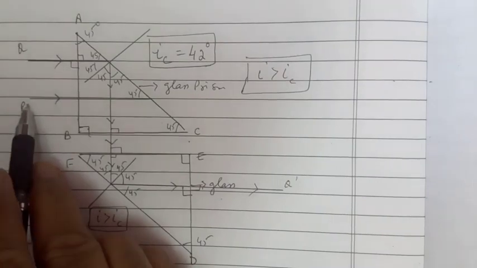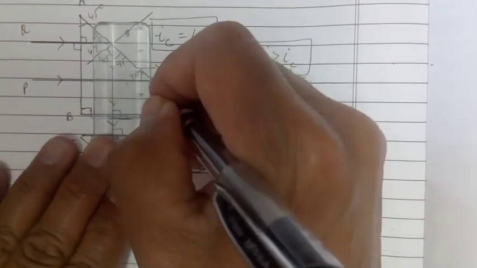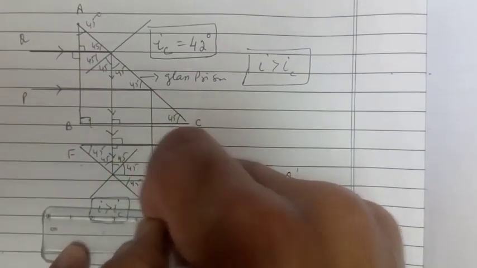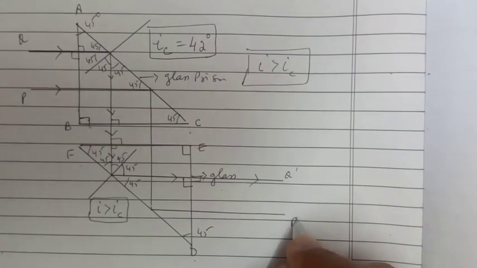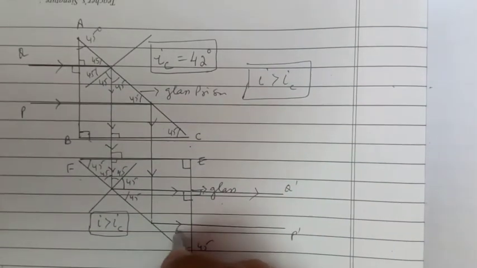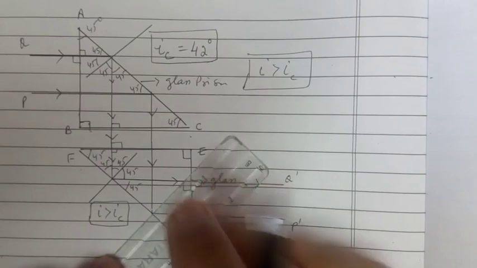Now we start from P. Same thing happens to P. It turns from here by 90 degrees, reaches here. We draw a normal. The ray emerges out over here. This is P dash. The ray goes down, emerges over here. Again, if you want, you can draw the normal here.